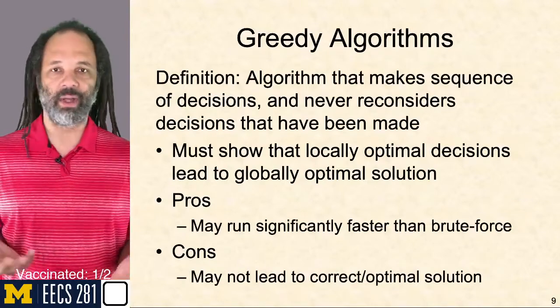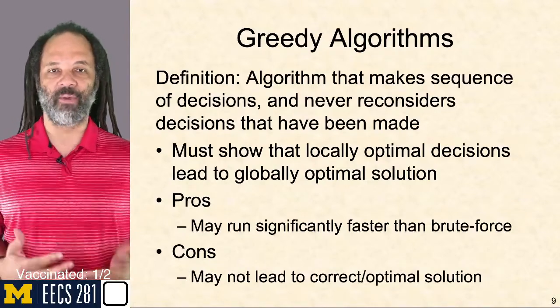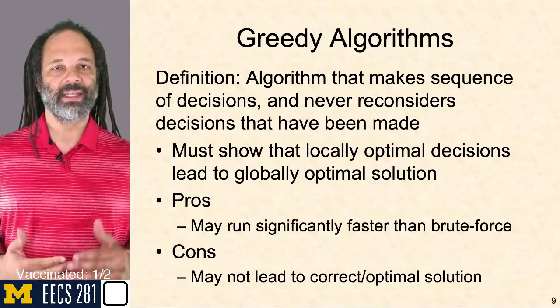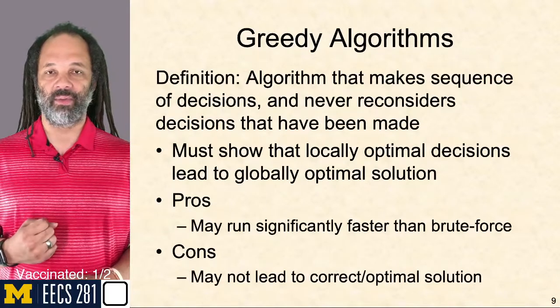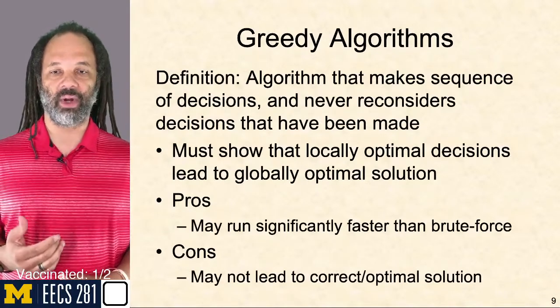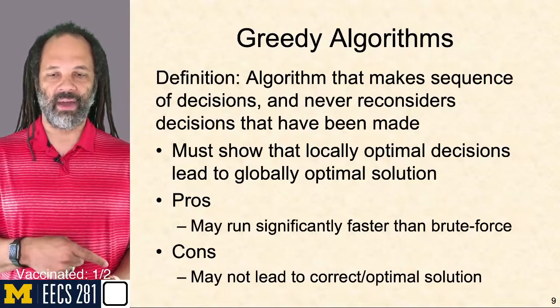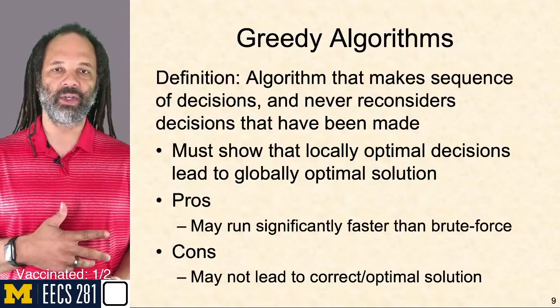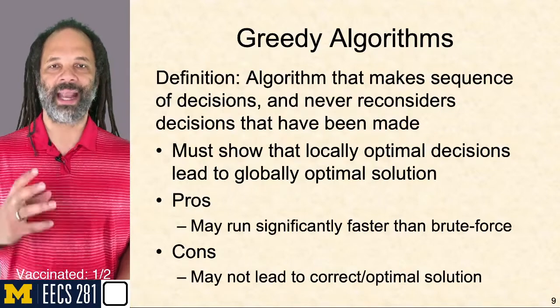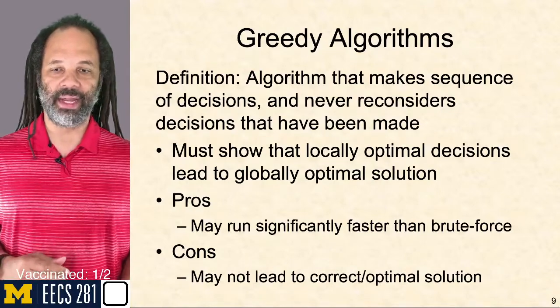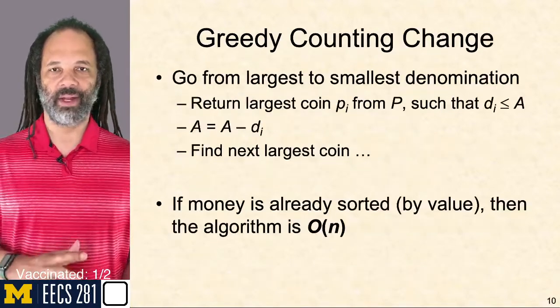You look at what's available and say, what's going to be the most helpful right now? So it's not too hard to find those. They generally run a lot faster than brute force because they take some shortcuts. The con, however, is they don't always lead to a correct or optimal solution. Sometimes being greedy is not going to get you everything that you need. I'm not trying to write parables here.